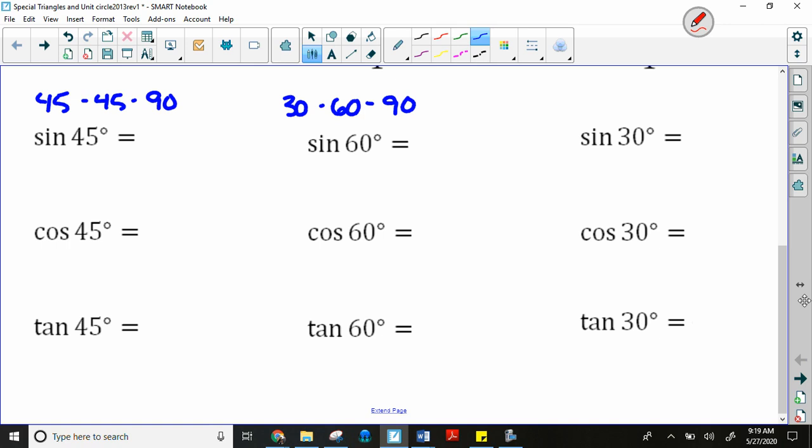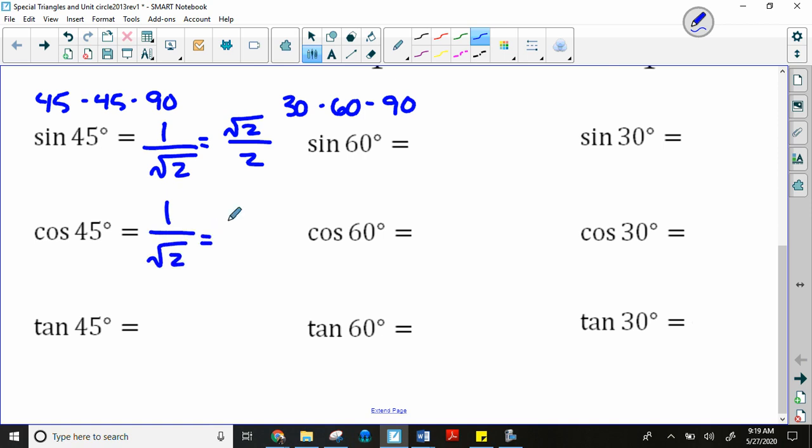Sine of 45. Opposite would be 1, hypotenuse is root 2. If we rationalize that, it would be root 2 over 2. Cos of 45, adjacent, that's 1 over hypotenuse, root 2.